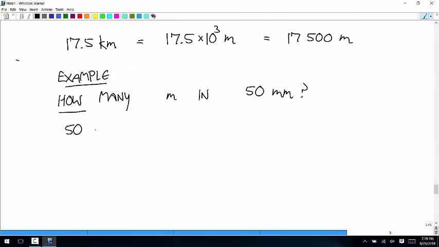Okay, well, we're starting with 50 millimeters. The milli means times 10 to the minus third, so that's 50 times 10 to the minus third meters. And so that's equal to 0.05 meters.